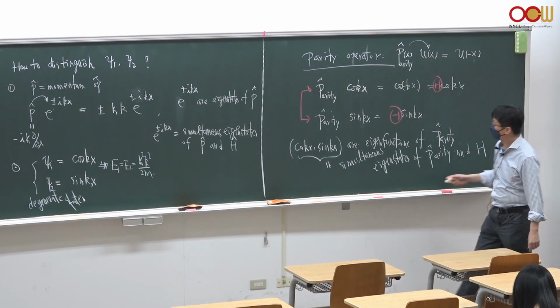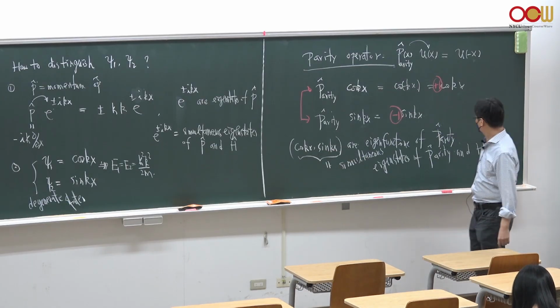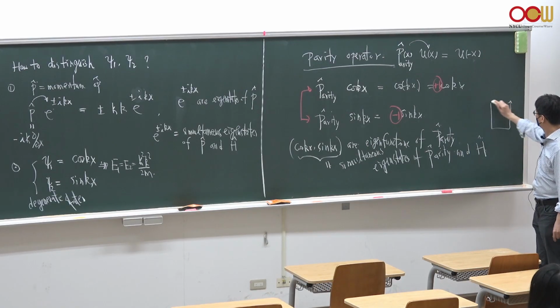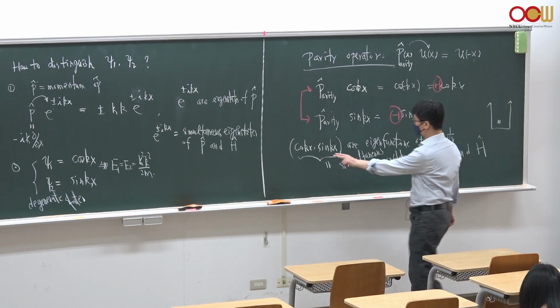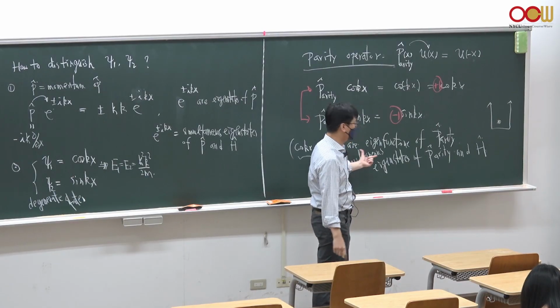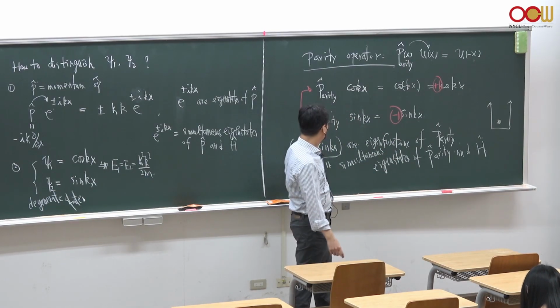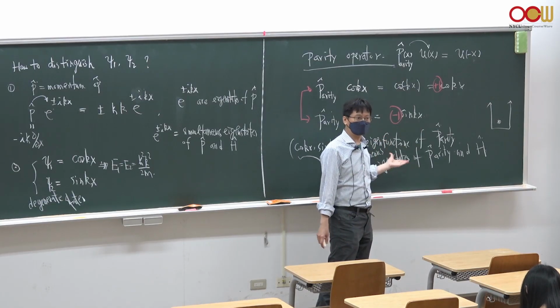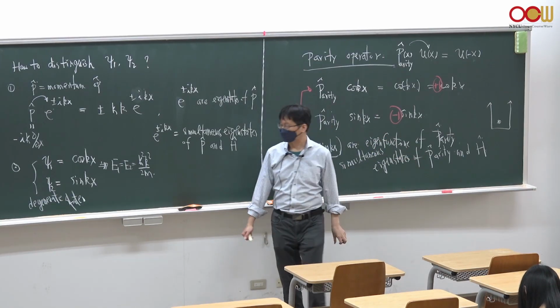So, of course, these two combinations are eigenstates of the free particle Hamiltonian inside the box. But then these two functions are also the eigenfunctions of parity. So, therefore, these combinations are simultaneous eigenstates of parity and Hamiltonian.